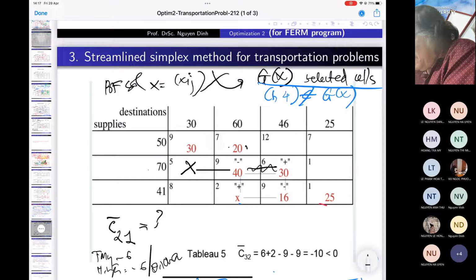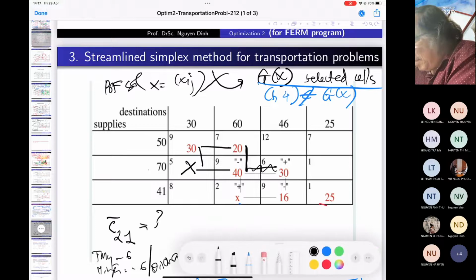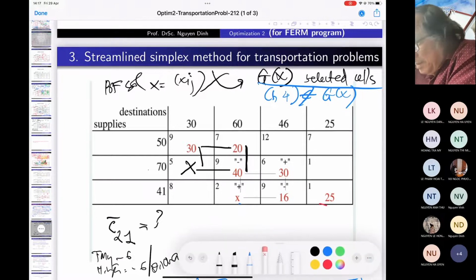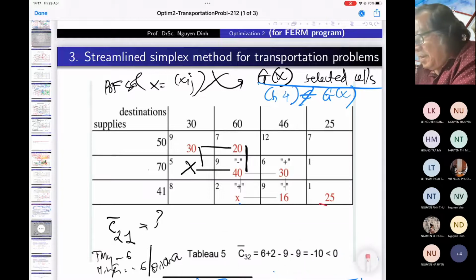No. It is 1, 2, and then 1, 1. Then come back here. This is the cycle. Is that okay? Tammy, do you have the same? Yes, sir.